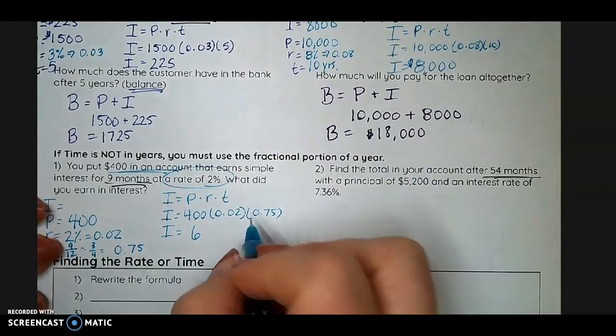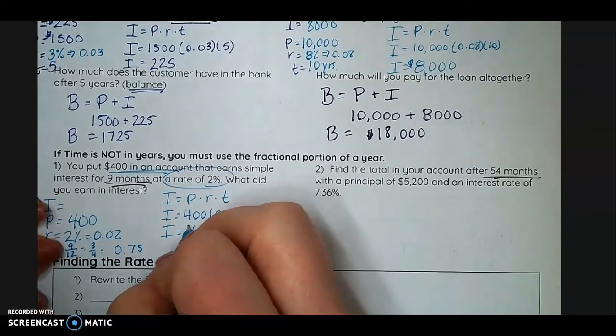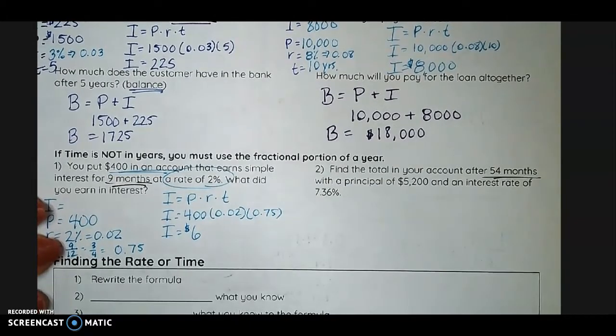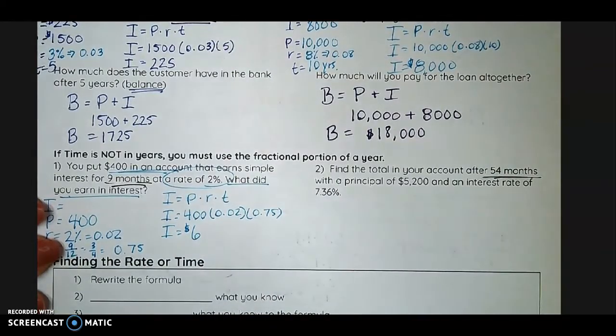That's been in the hundreds of dollars. But remember, this is only over 9 months, and we were talking about many, many years up here. So that means in 9 months, I have earned $6 in interest. Now, they only asked me, what did you earn in interest? They didn't ask me for a balance. But you could look at that and see that you now have $406 in your account.